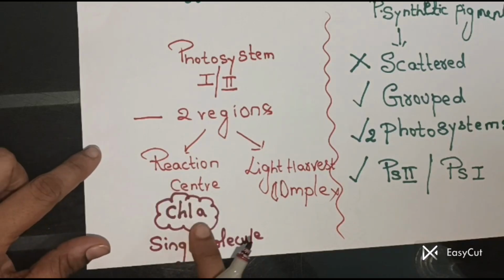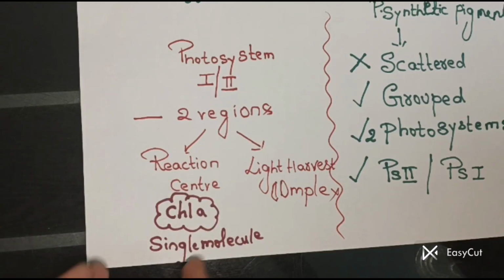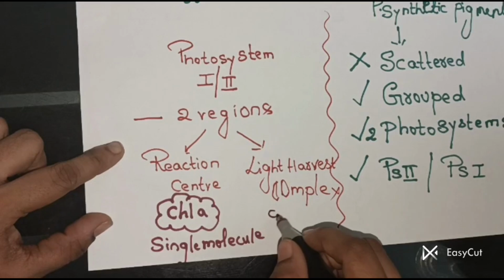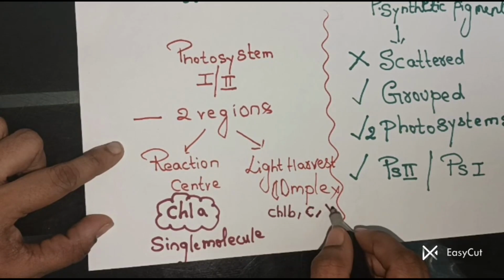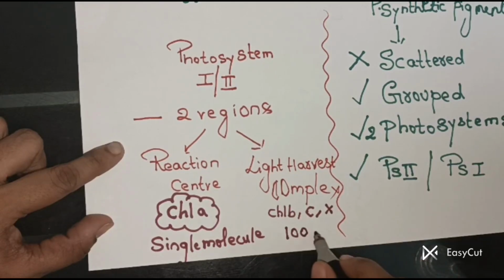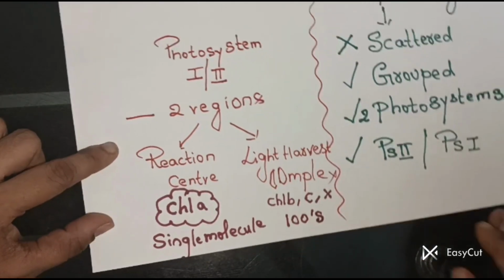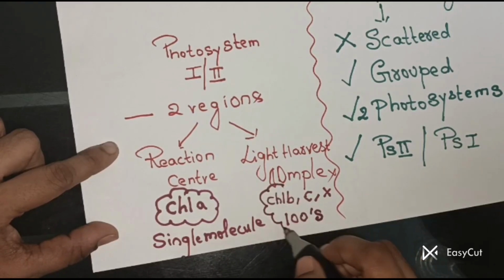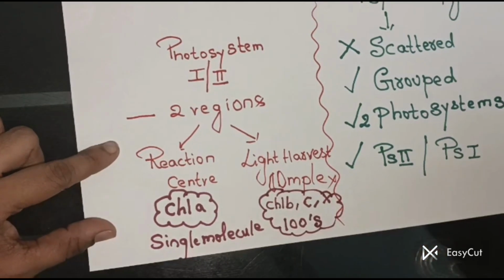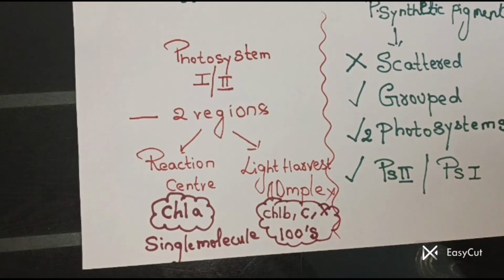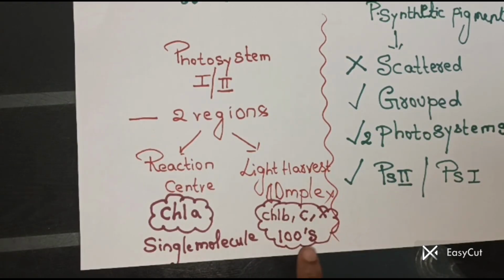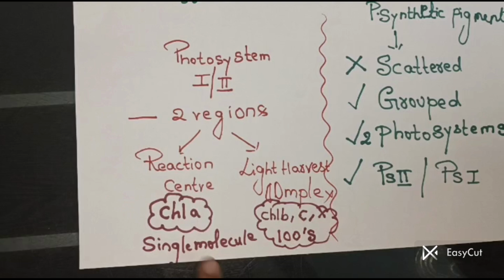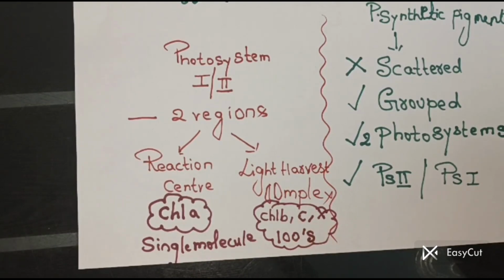The reaction center constitutes a single molecule of chlorophyll A, but the light harvesting complex constitutes chlorophyll B, carotene and xanthophyll, and the numbers vary from hundreds to thousands. Let's repeat this point: other than chlorophyll A, the light harvesting complex has chlorophyll B, carotene and xanthophyll, and the number is not a single molecule but hundreds and thousands.